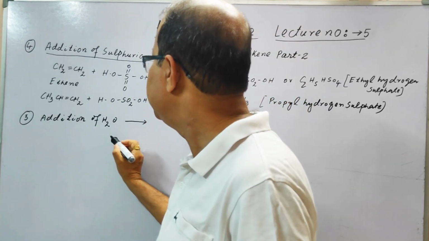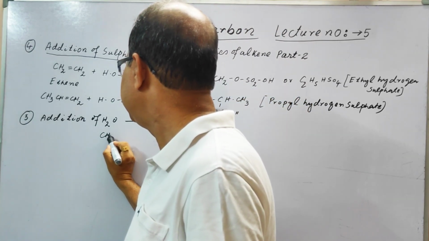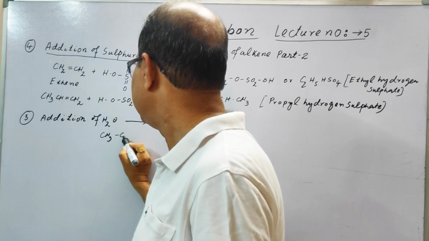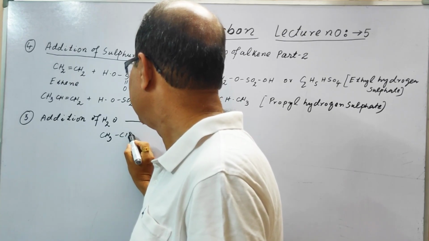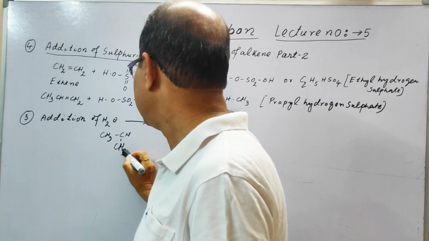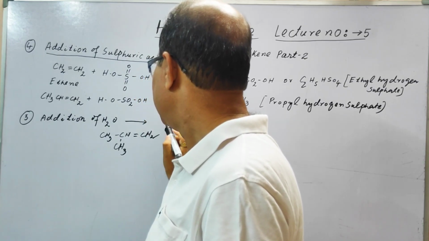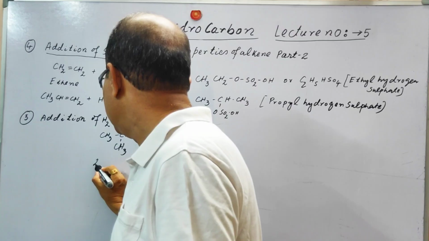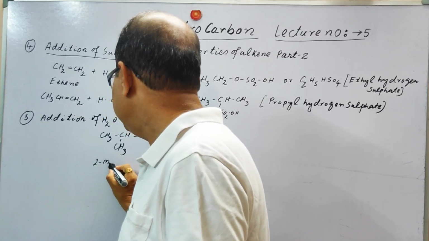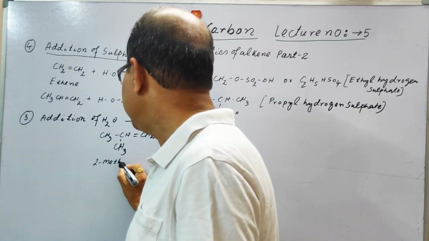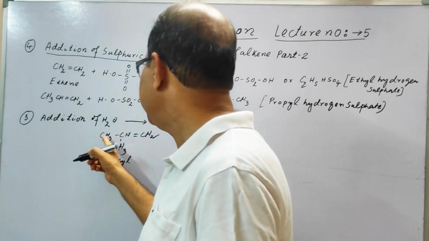We are taking this alkene, whose name is 2-methyl, because there is a methyl group in that chain.